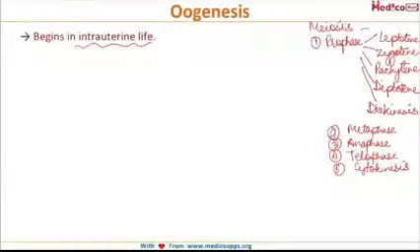Now before beginning the process of oogenesis, I would like to discuss the two types of cell division with you. The first one is mitosis. In mitosis, there is cell multiplication, but the nuclear material remains as such. Whereas in meiosis, there is reduction of the nuclear material and multiplication of the cells occur.